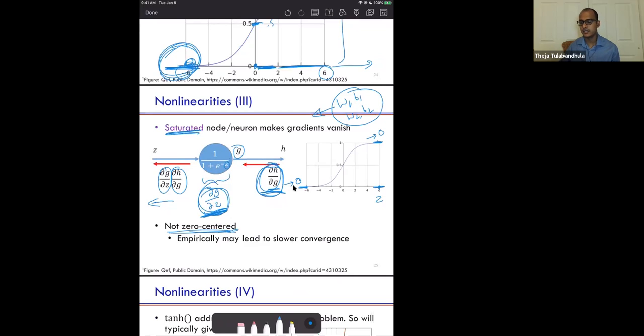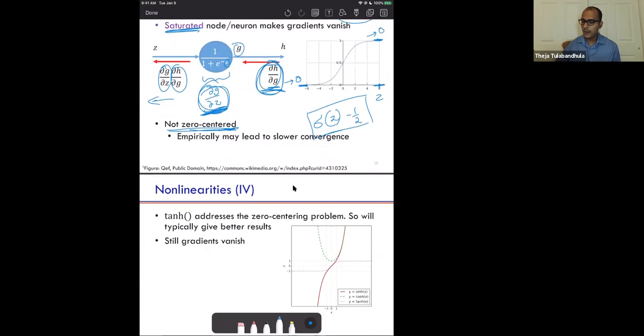If you prefer a function which is symmetric around 0, maybe you can downshift it by 1/2, for example. So let's call this function sigma, because it's a sigmoid function, and whatever is the input z, take sigma of z minus 1/2. So this would be centered around 0, right? So that's the sigmoid function.